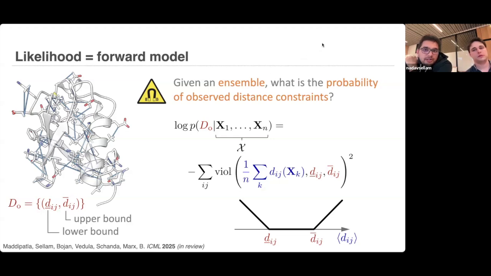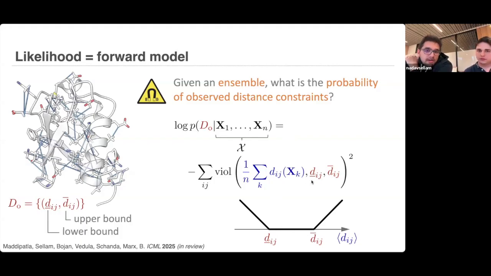Typically how it is done, as I explained earlier, is you convert these intensities into upper and lower bounds on the distance of the pairwise atoms post-assignment. And then it is enforced that the average distance within the ensemble should fall within these bounds. If it does fall within these bounds, it is adhering to the experimental measurement, and it doesn't incur any violation.